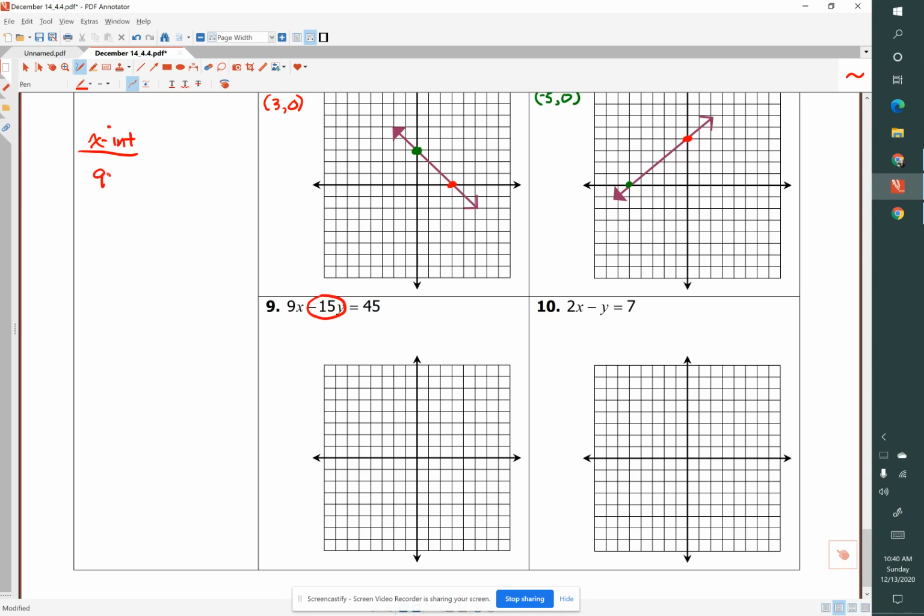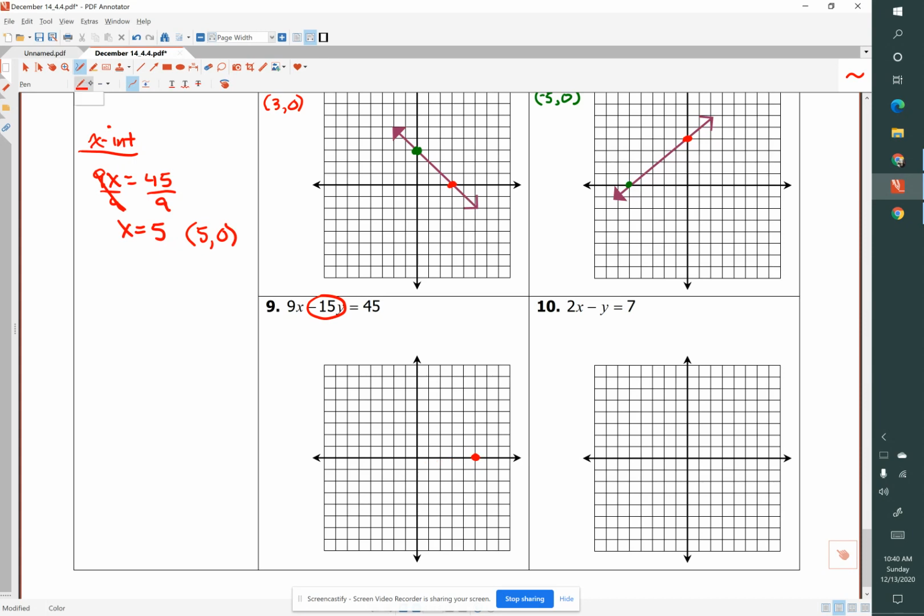And I have 9x equals 45. Divide both sides by 9, and x equals 5. So my x-intercept is 5, 0. And I'll plot that right here.